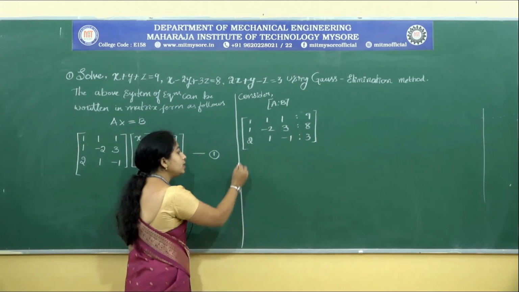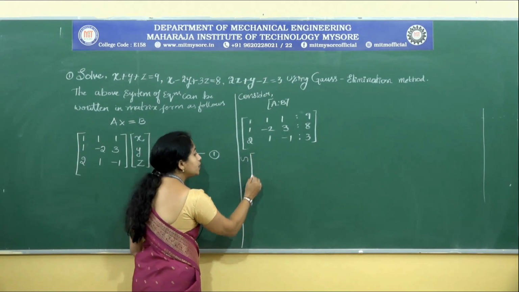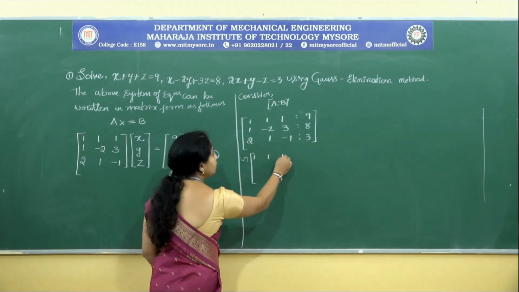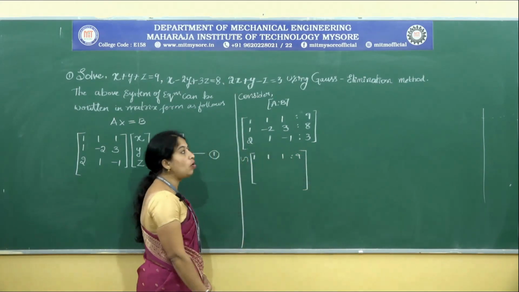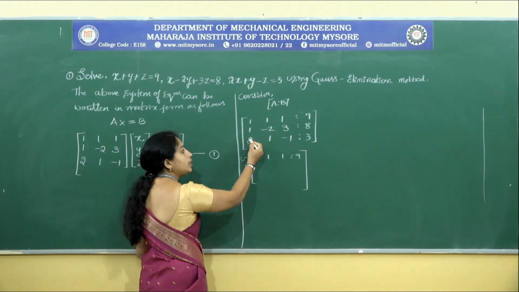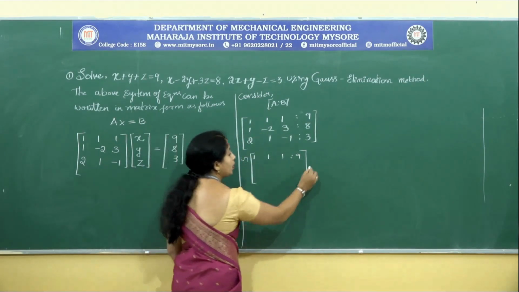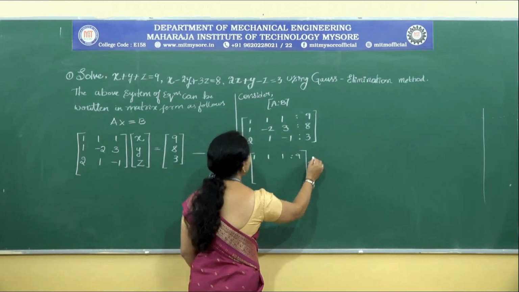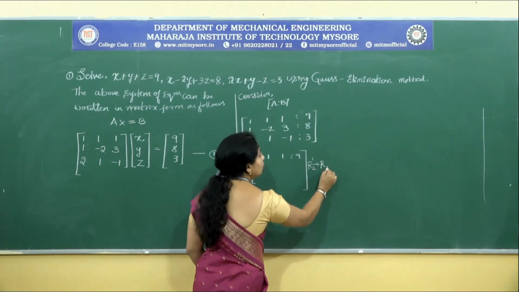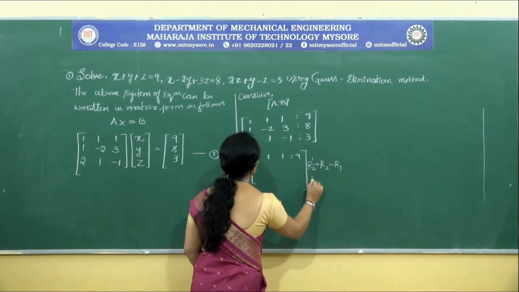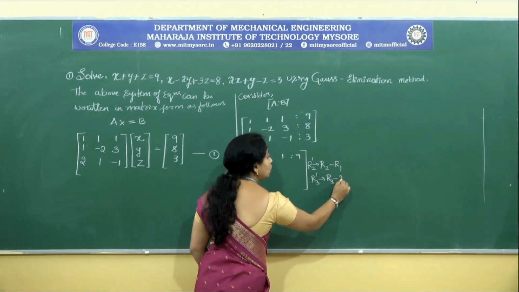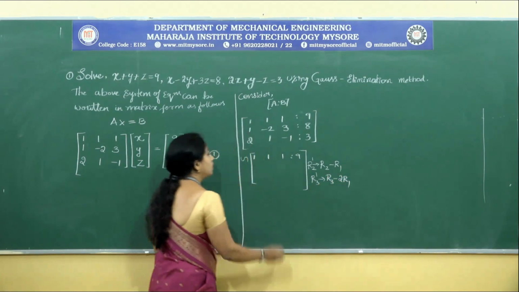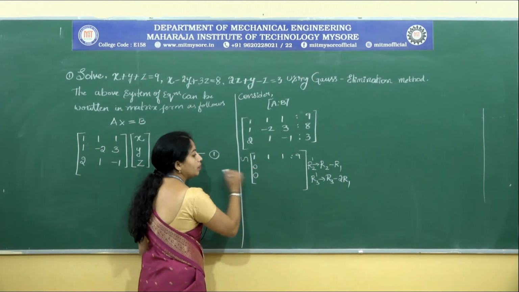Now this matrix is equivalent to, write the first row as it is 1, 1, 1, 9. Now by using the row operation, we are supposed to make these two elements as 0. The operations are R2 dashes R2 minus R1, R3 dashes R3 minus 2 times R1. Now these two elements will be zeros.